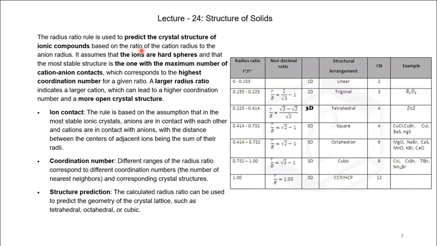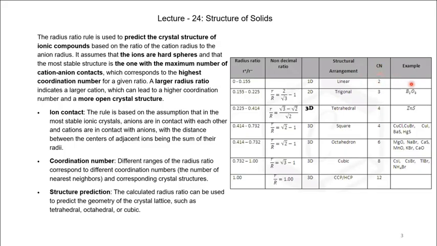We take the radius of the cation and divide it by the radius of the anion, and that is called the radius ratio. And we can see that if we get a value up to a maximum of 0.155, then it is a one-dimensional, linear arrangement, and the coordination number is 2.